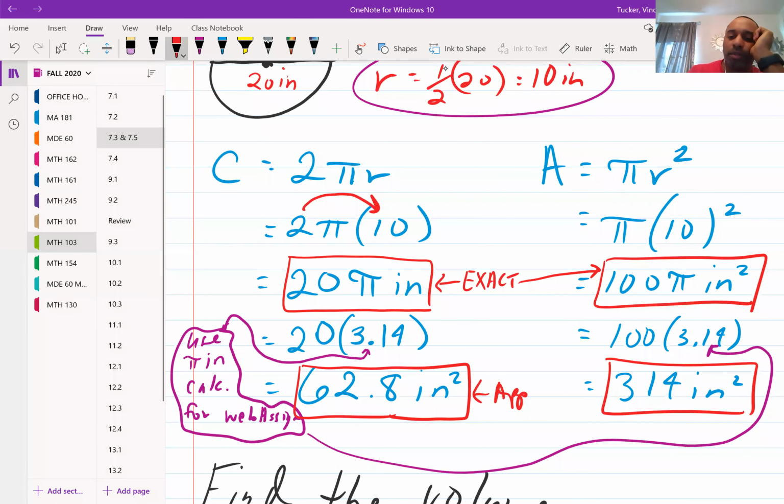And then substitute 3.14 or just calculate with 100 times pi in your calculator, and you'll get a number around 314. I didn't mean to put that square right there. Notice that your area is in inches squared. Your circumference is just in your regular measurement of inches.